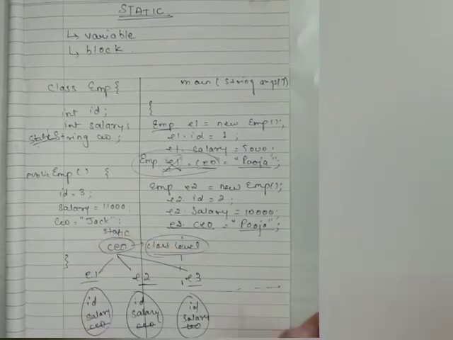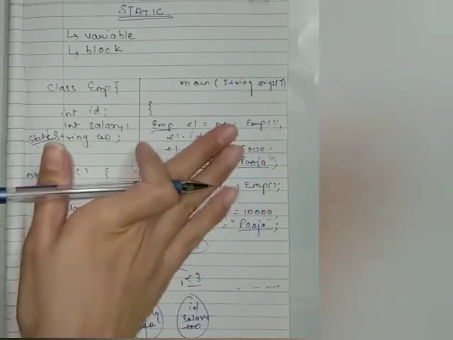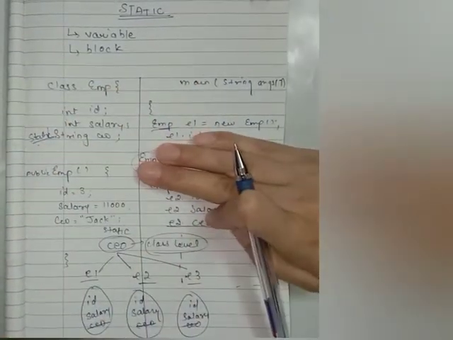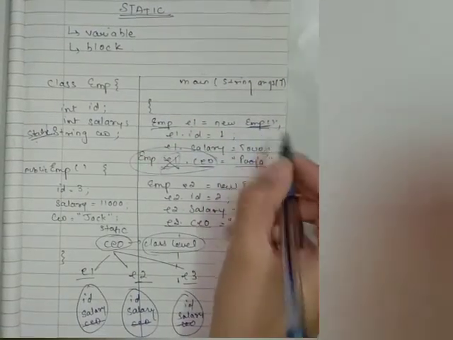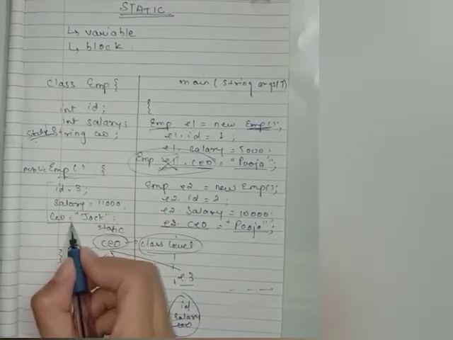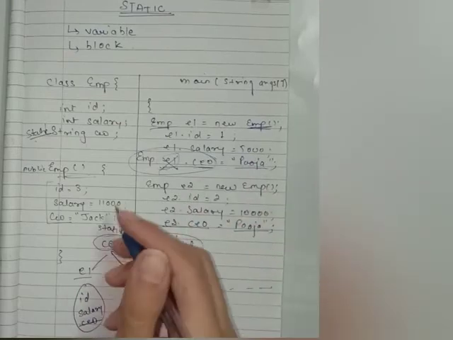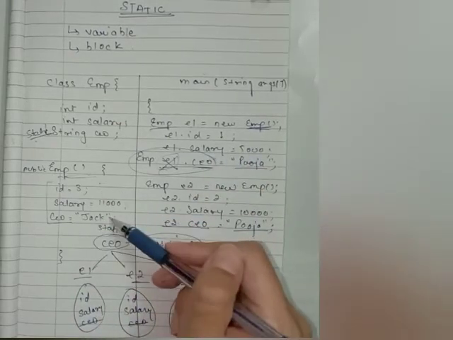Now whenever I'm not assigning these things and I'm just calling the constructor, here Employee E1 is equal to new Employee, this statement will call this constructor and defaults will be assigned. So the employee's ID will be 3, salary will be this, CEO will be Jack.